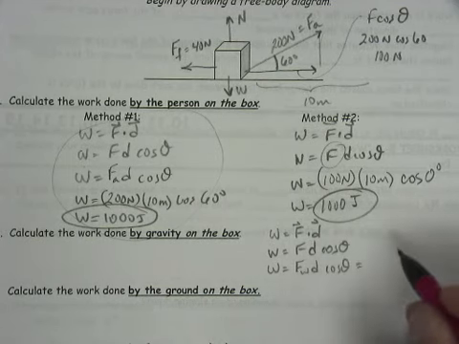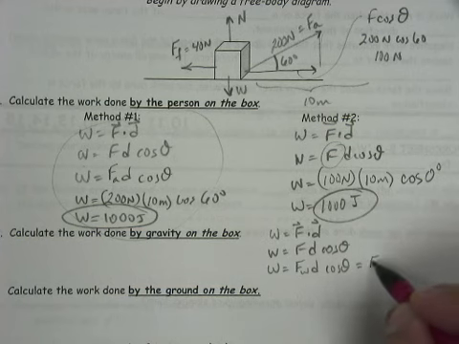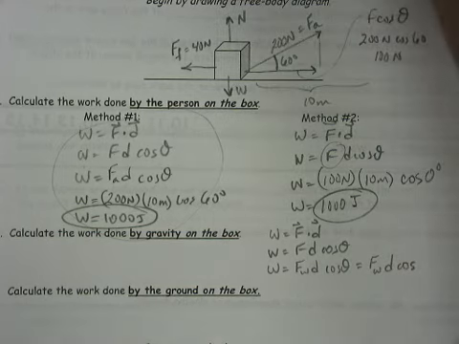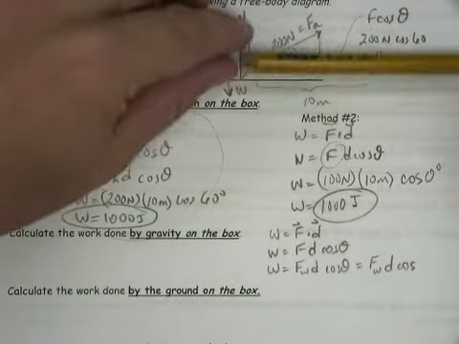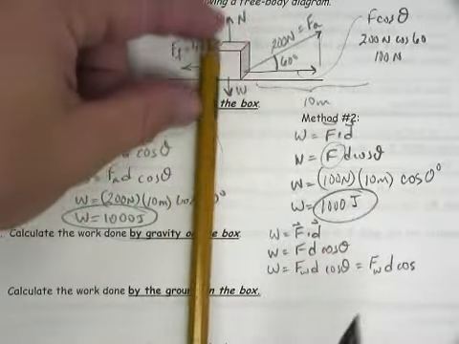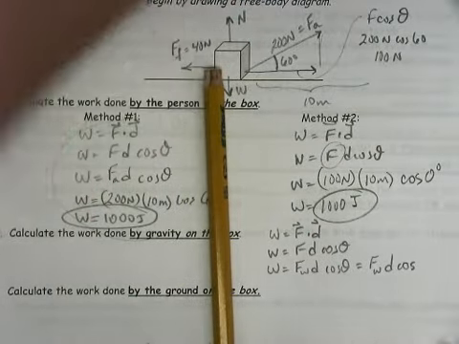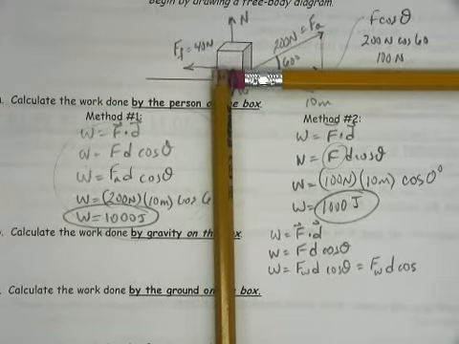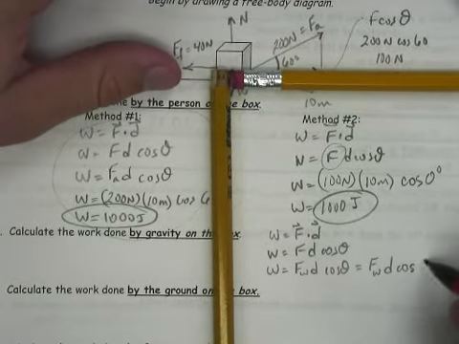Now, I'm going to shorten this up a little bit because I know what's going to happen. I'm not even going to plug a number in for those two. I'm just going to look at the angle. What's the angle on this? Well, the force is down because that's the weight, and the motion is sideways, and the angle between them is 90. And look what happens when the angle is 90.